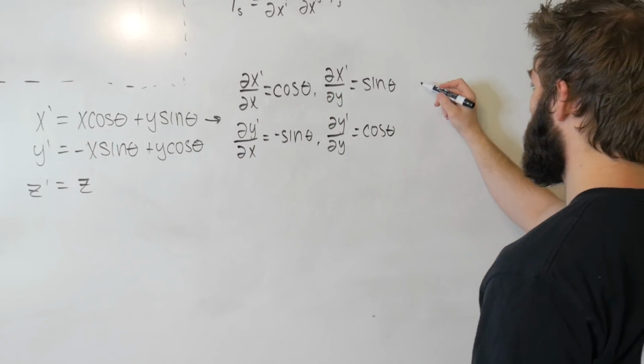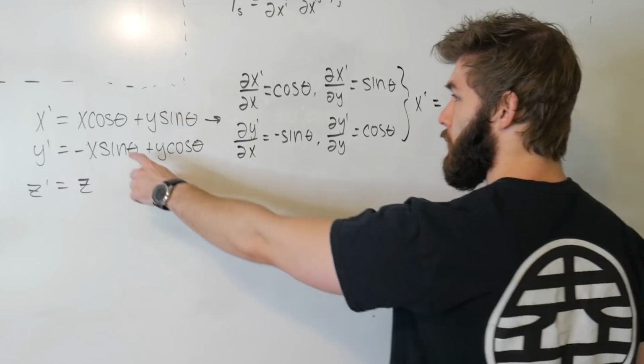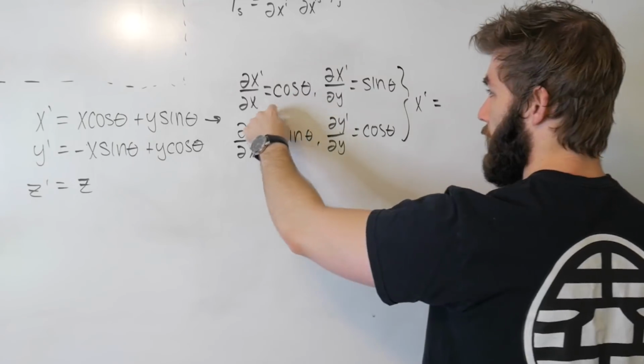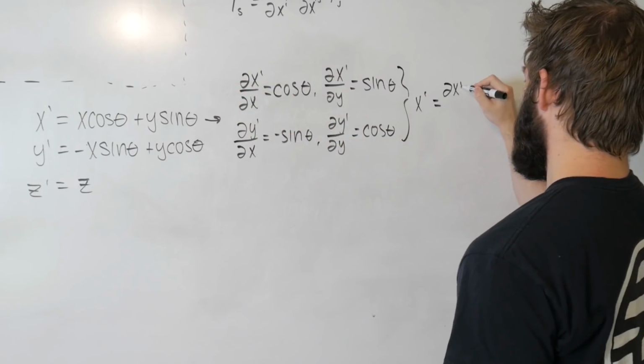And what we get when we do that is that x prime is equal to x times the cosine of theta. Cosine of theta is defined as dx prime dx. So this is equal to dx prime dx.